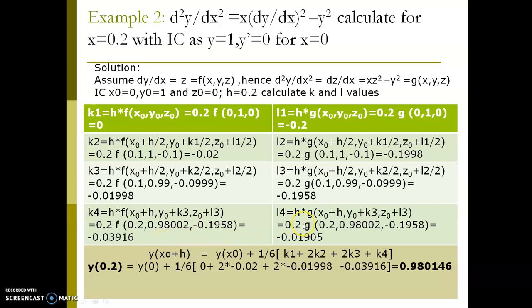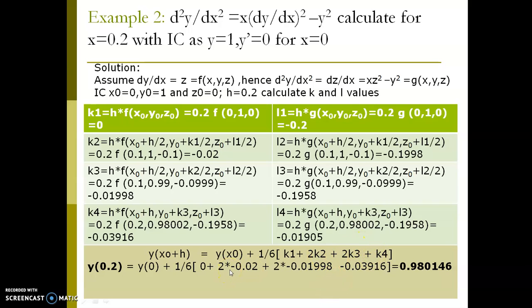We can continue doing the calculation for all the factors k1 to k4 and L1 to L4, finally substituting them in the formula given by fourth order Runge-Kutta method, and we can obtain the final value y of 0.2 as 0.980146 by substituting all k values as calculated with appropriate weights in the given formula.